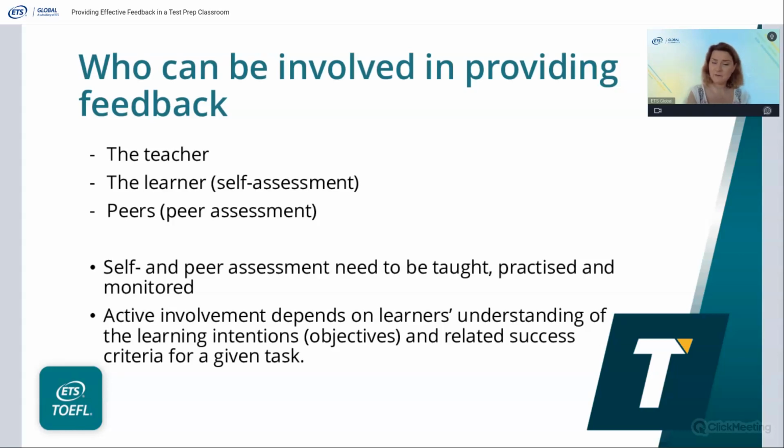But active involvement here actually depends on learners' understanding of the learning goals, learning objectives, or sometimes they are also called learning intentions, and related success criteria for a given task. So it's not only about saying something positive about somebody's work and what the person could improve, but peers need to know what specific success criteria they are supposed to look for.